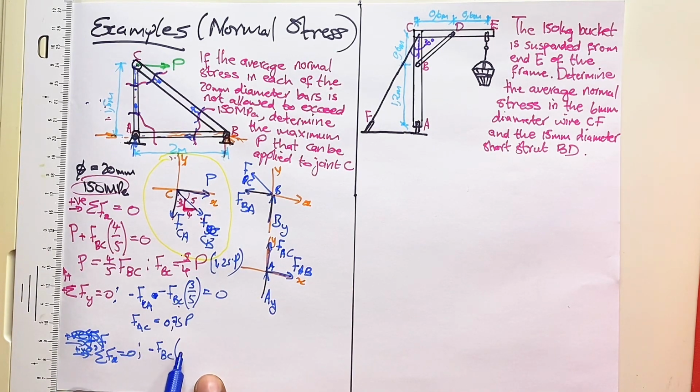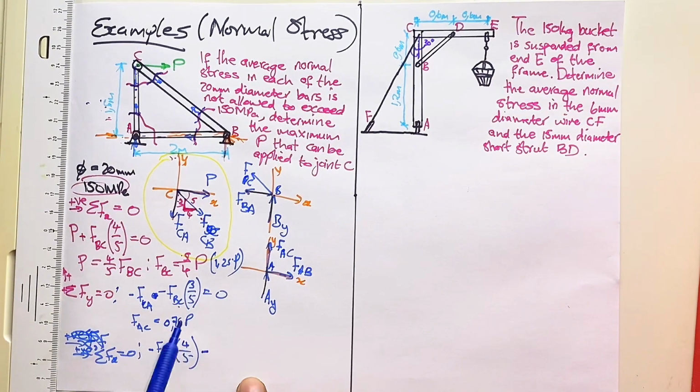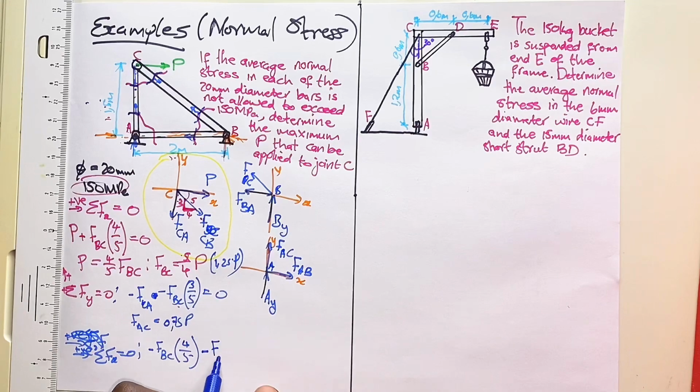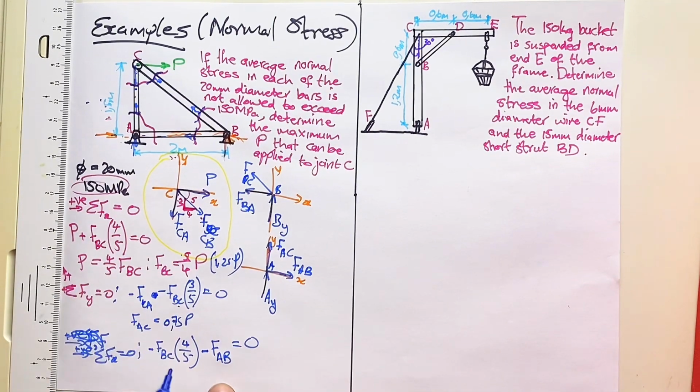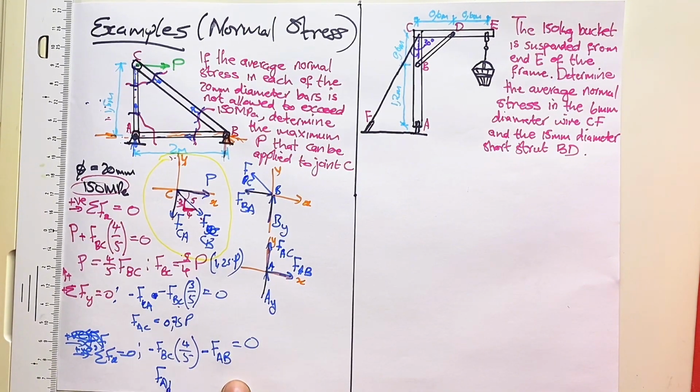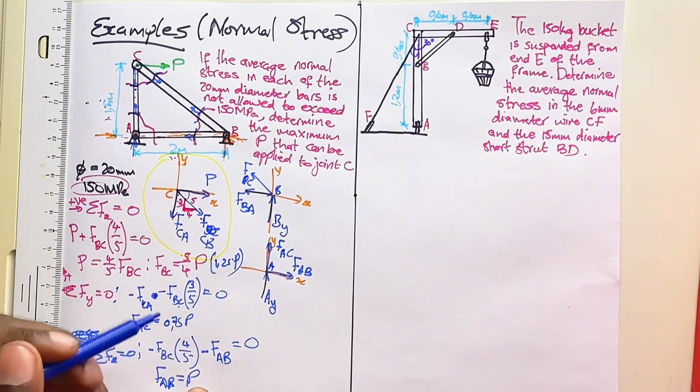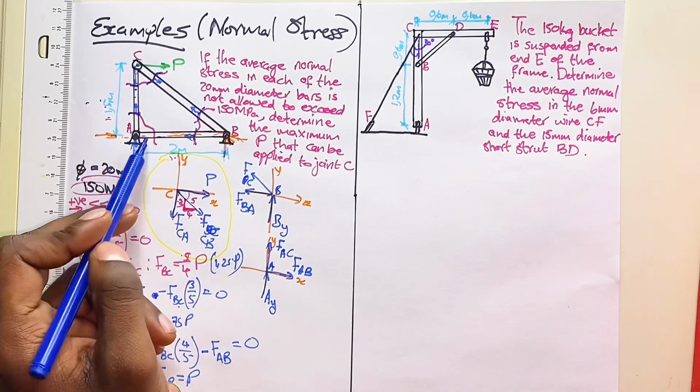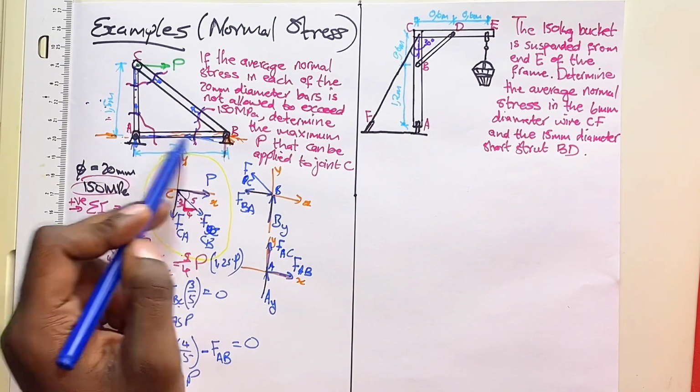Now, that means I will have FBC times 4/5 since it's the x component, subtracted by FAB. It is all equal to 0. If I substitute FBC again as 5/4 P, we'll find that FAB is equal to P.